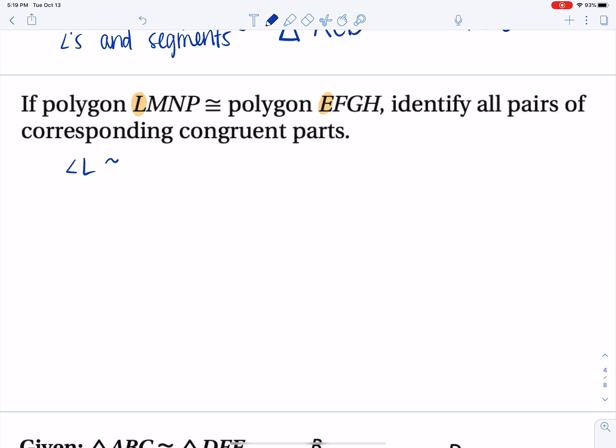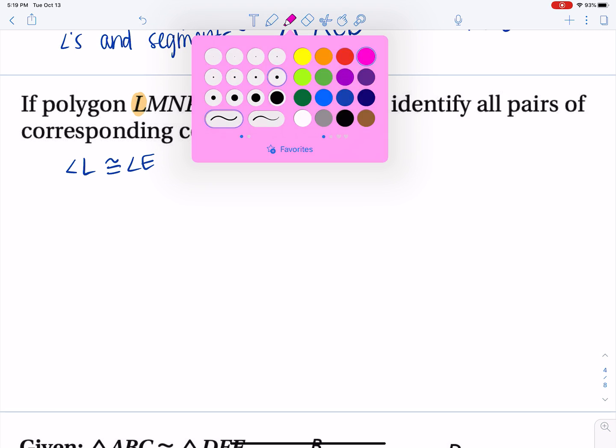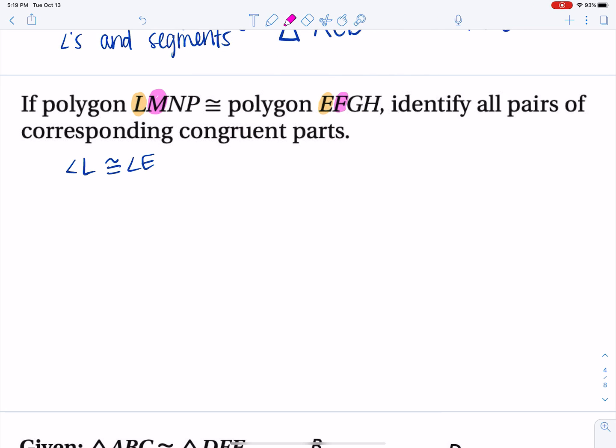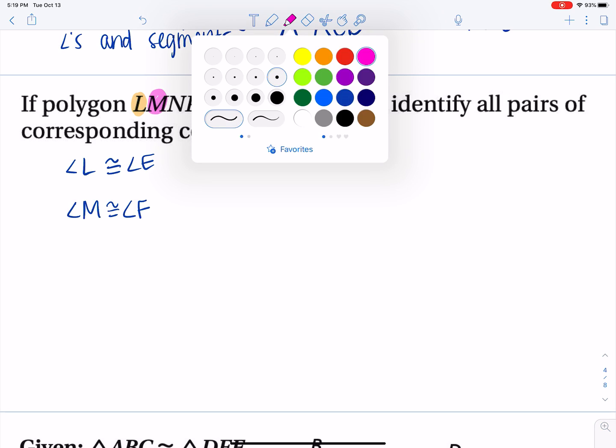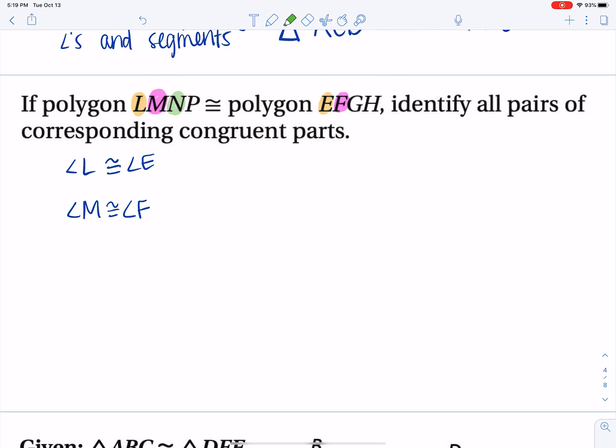I know that angle L has to be congruent to angle E. I know angle M has to be congruent to angle F. Going on to the third letters, angle N has to be congruent to angle G. And angle P has to be congruent to angle H.